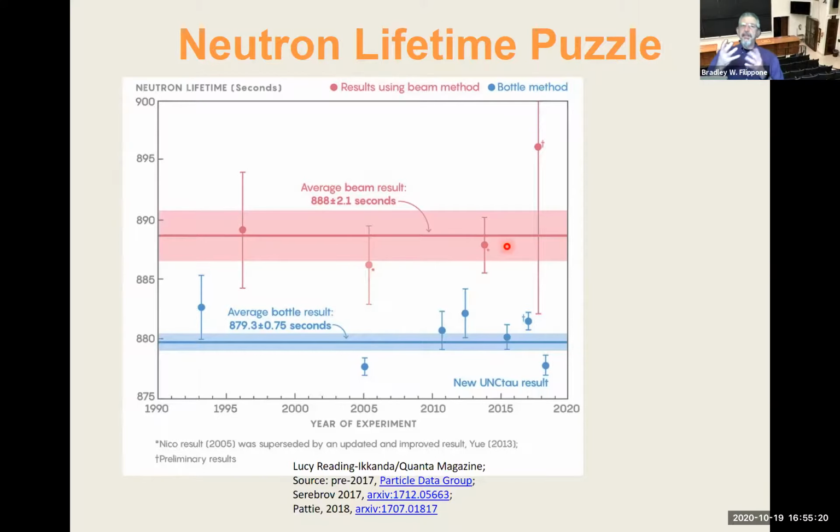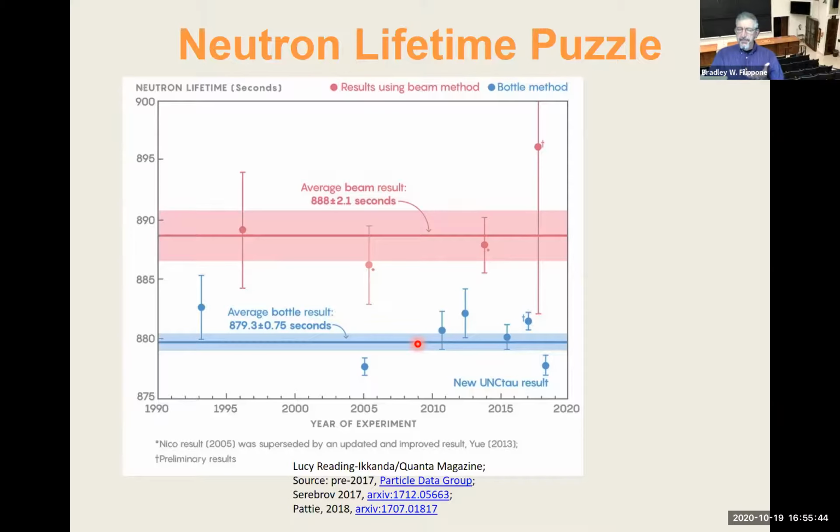With a cold neutron beam, you have a neutron zipping by, and you have a detector, and you count how many protons that neutron produces as it zips by, and you can figure out the rate of decay. Ultracold neutrons, shown in the blue: what you do there is you trap them inside a bottle and you store them for 10 seconds, 50 seconds, 1,000 seconds.